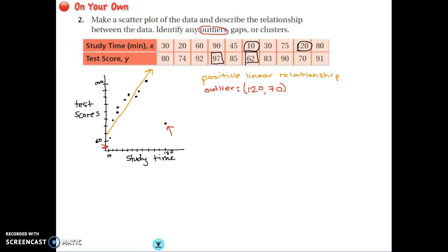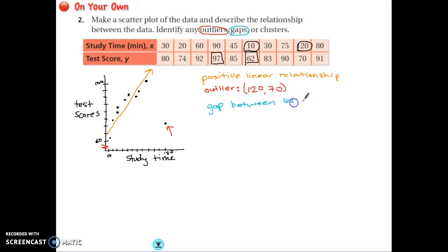For our gaps, so next I'll do my gaps. Looking at my data, there seems to be a gap maybe right about here. It's not a huge gap, but it definitely could be considered a gap. So I'll say that there is a gap between 62 and 70 on the y-axis, which is test scores.